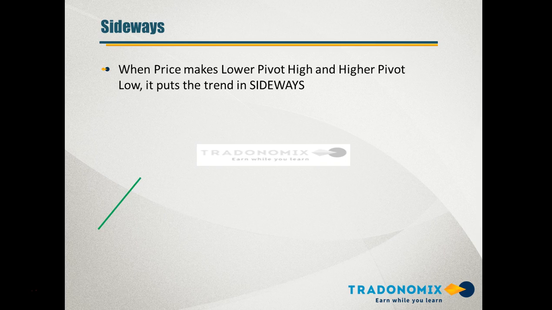What is a sideways? When the price makes a higher pivot high but a lower pivot low. Let's understand that. Here, up till this position, it has higher pivot highs and higher pivot lows, and hence this area is an uptrend. But what has happened here?